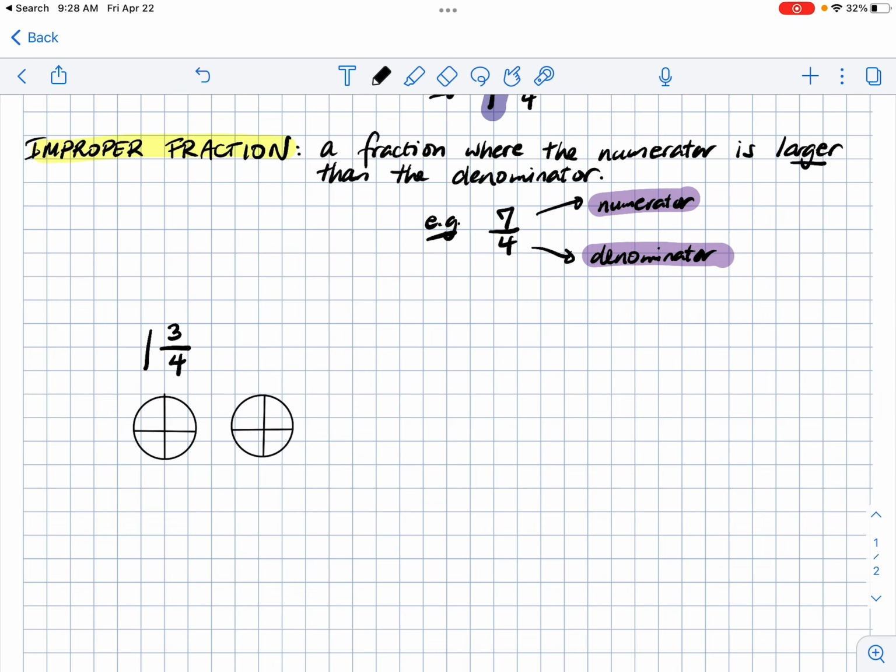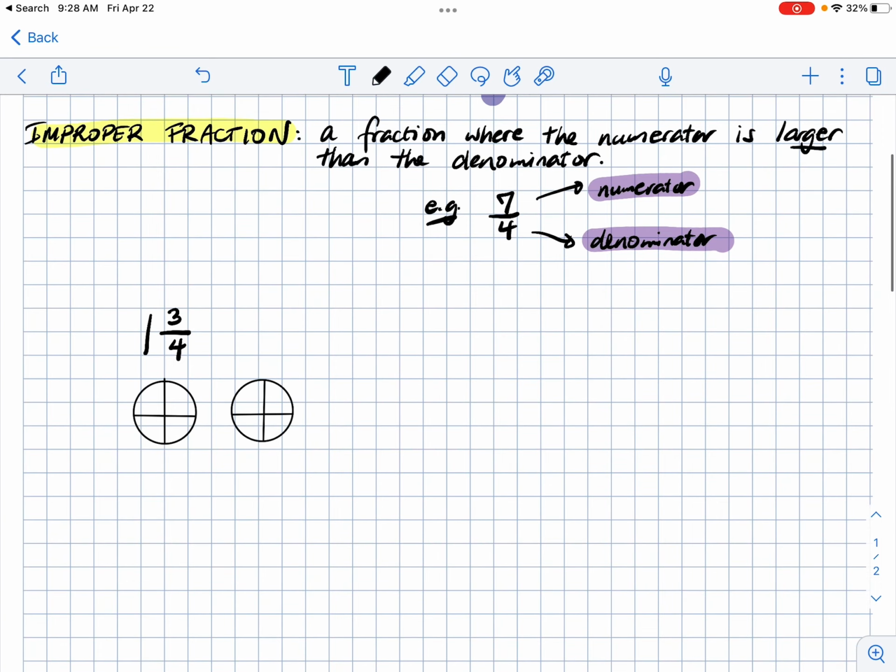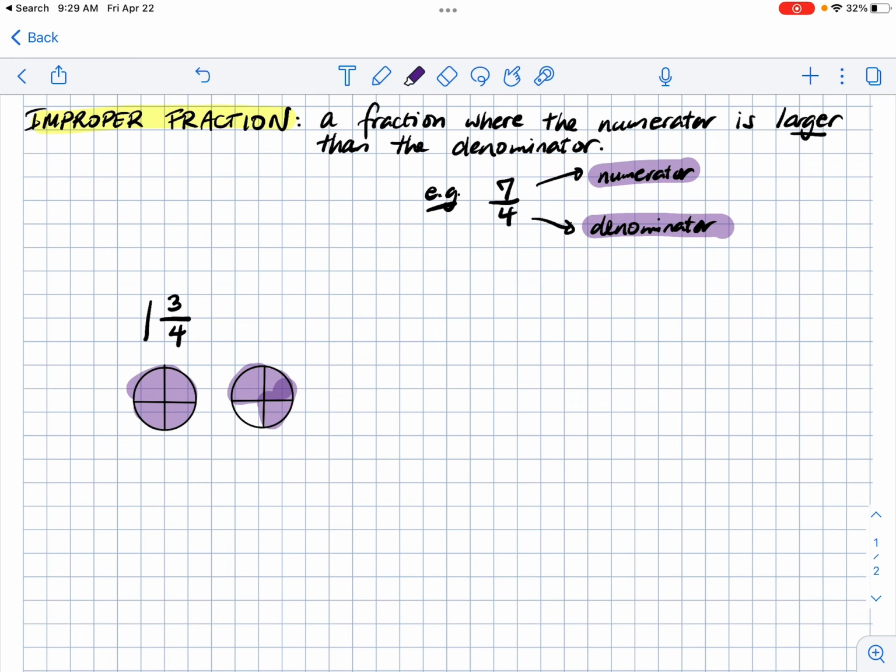Okay, it's as close to equivalent parts as possible. So this is the whole. Okay, and then I'm shading in as much as possible. So these two pieces together represent one whole, and 3 out of the 4 pieces are shaded, so that's 3/4, right?